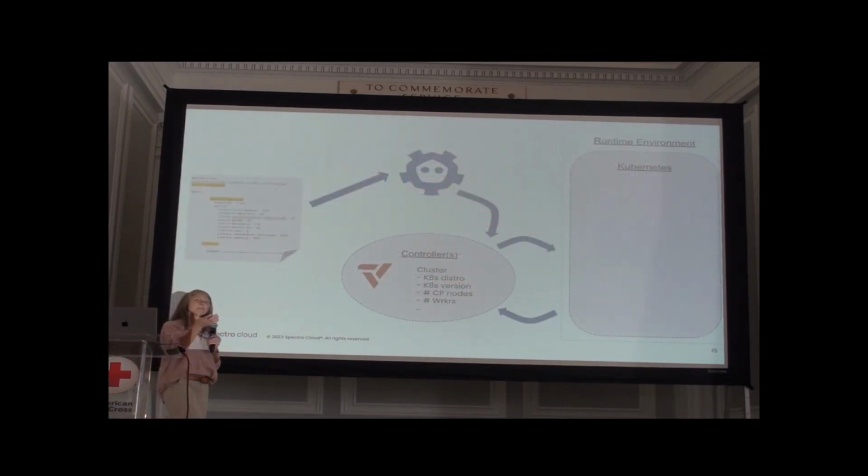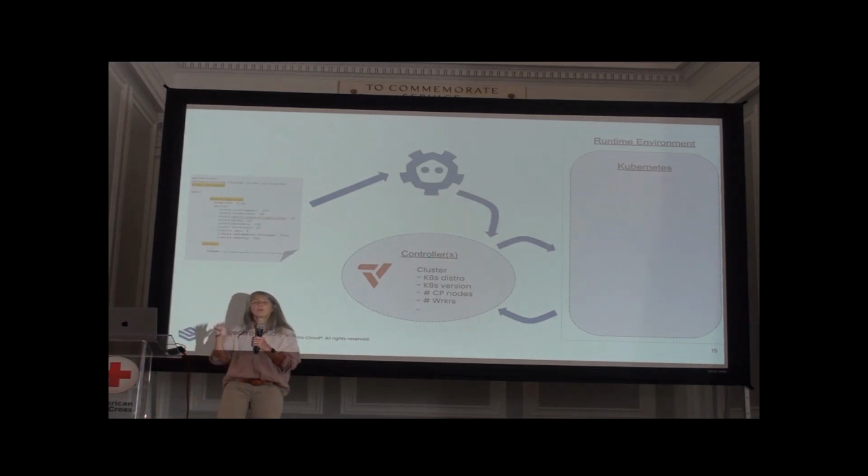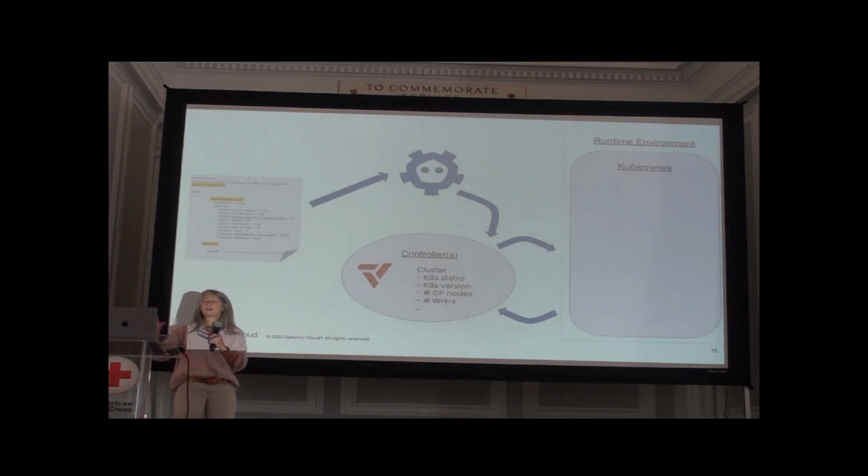Now, how does this apply back to the pattern? Remember, this is our core pattern here. I've got my manifest that describes these virtual clusters, and I've got a controller, and it's got attributes like how many nodes do I want, what version of Kubernetes am I running, and so on. What's the runtime environment that I'm targeting with this controller?